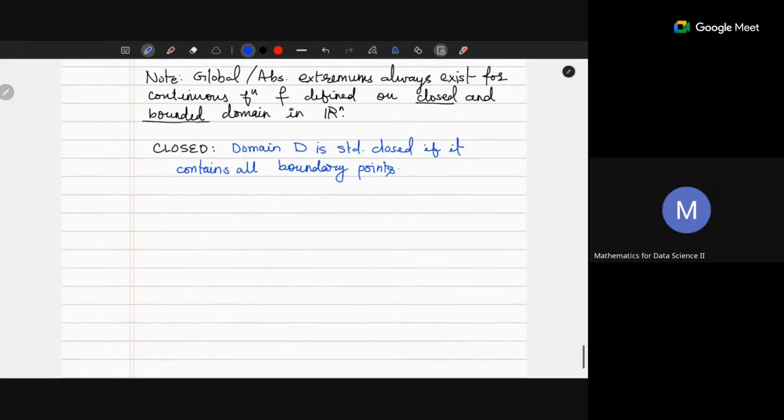And it is said to be bounded if D is contained inside some ball, contained in some ball.